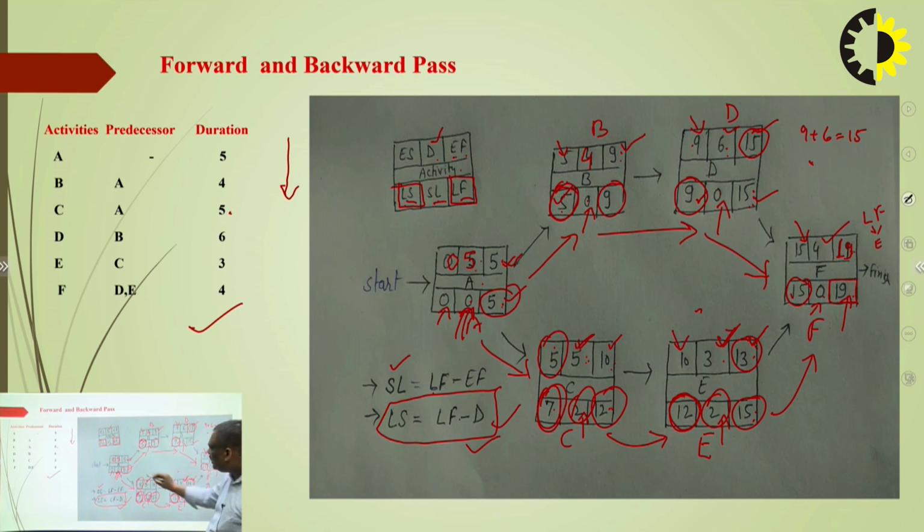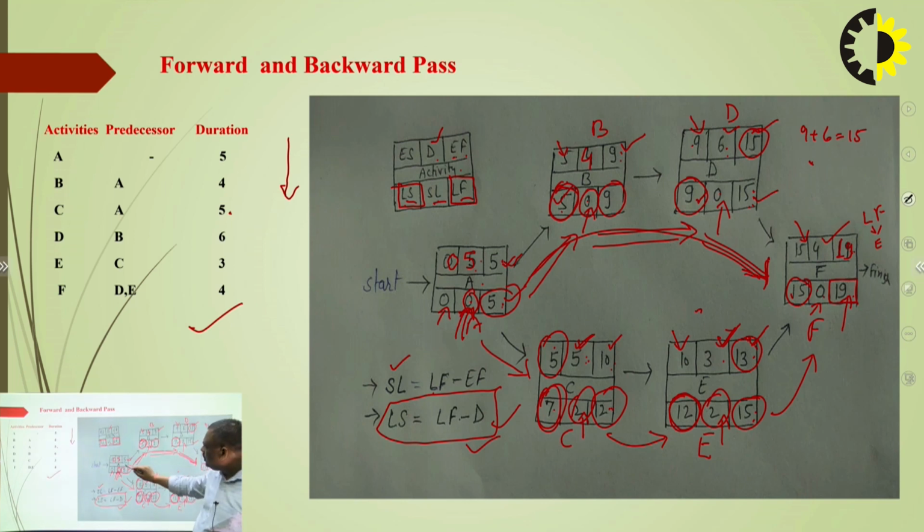So we choose this path because of its minimum value. This is known as the critical path. The manager is responsible for choosing this path.